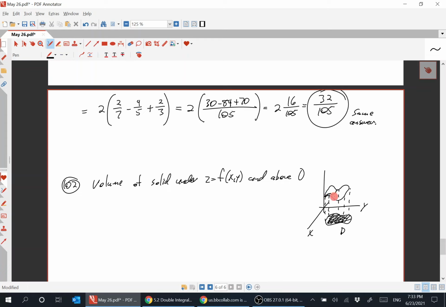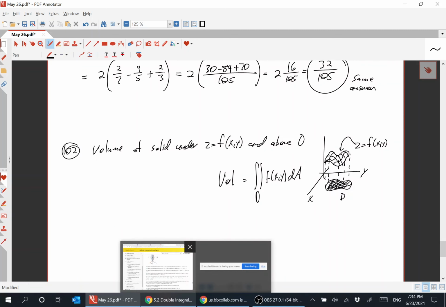So you have some surface here, z equals f(x,y), and you're measuring the volume under the surface and above that region. So that's just the double integral. That's the classic definition of that thing.